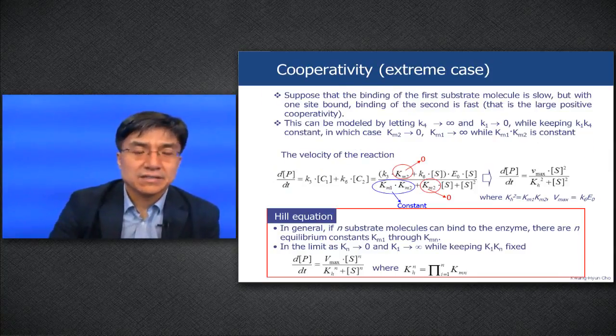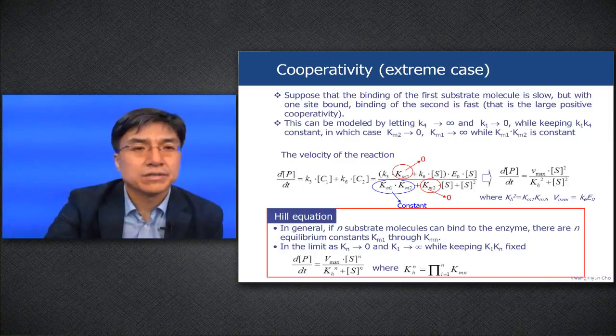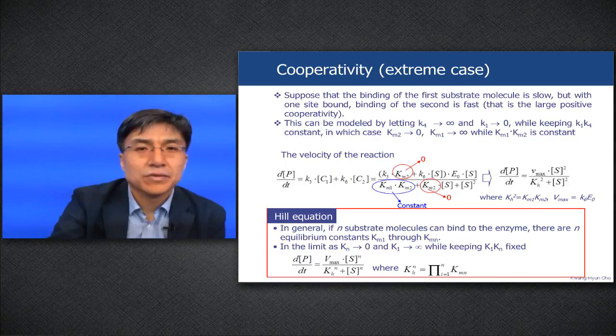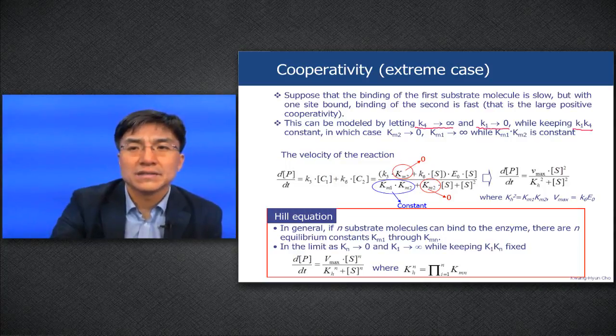We can generalize this to n multiple steps, and we can further approximate. The first reaction is much slower, while the last reaction is much faster, while their product is constant.